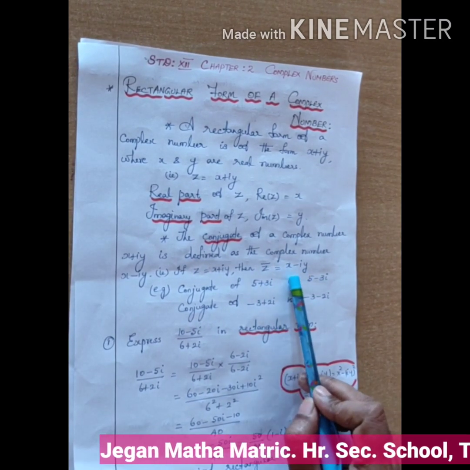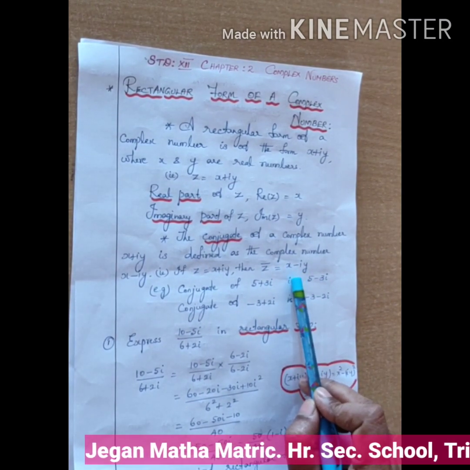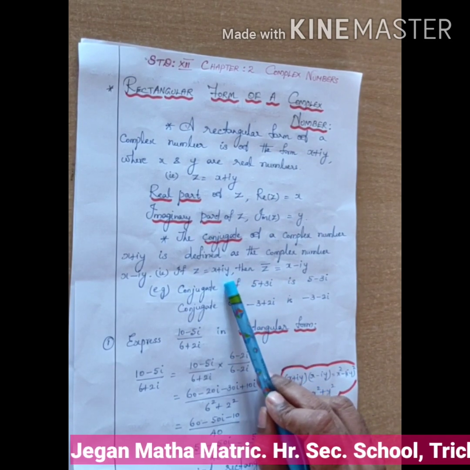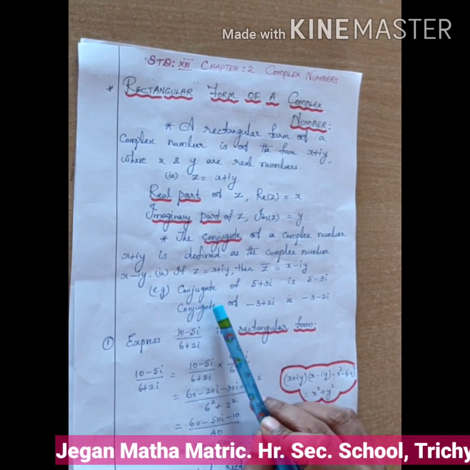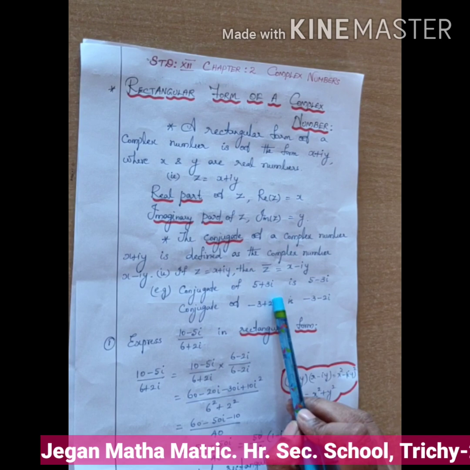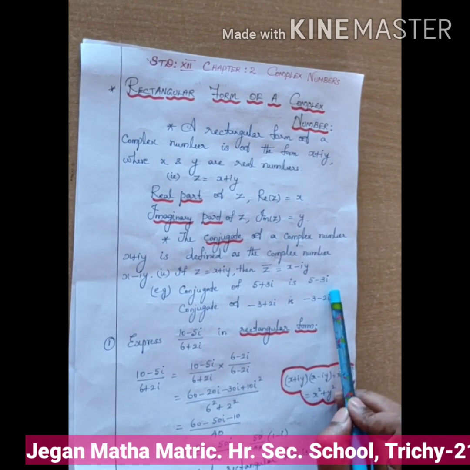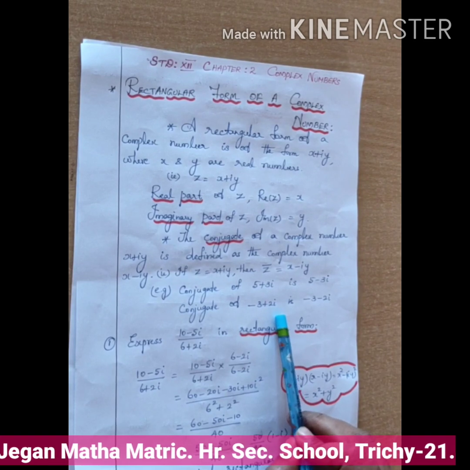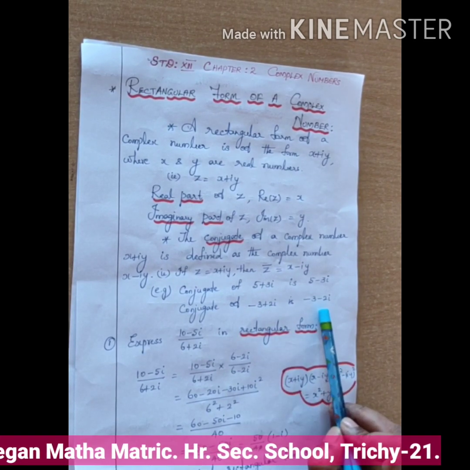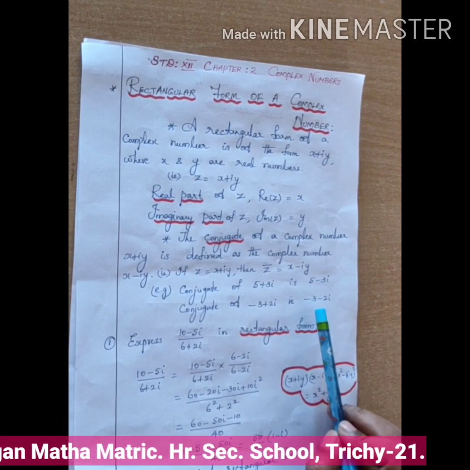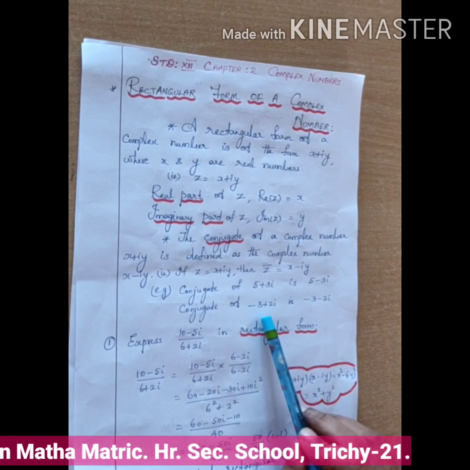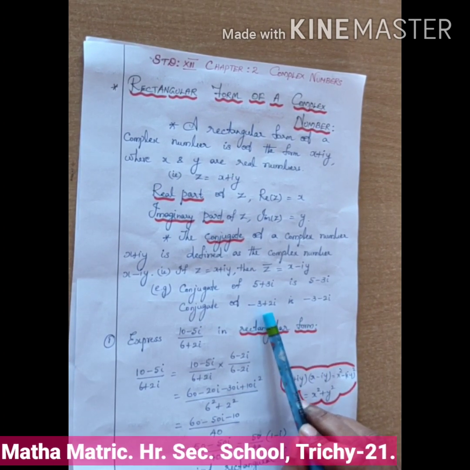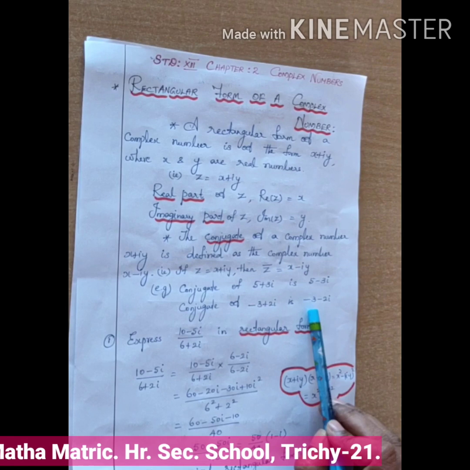Here we are changing only the sign for the imaginary unit. For example, conjugate of 5 plus 3i is 5 minus 3i. Conjugate of minus 3 plus 2i is minus 3 minus 2i. Here you should not change the sign for this 3. So minus 3 means as it is, you have to write minus 3.